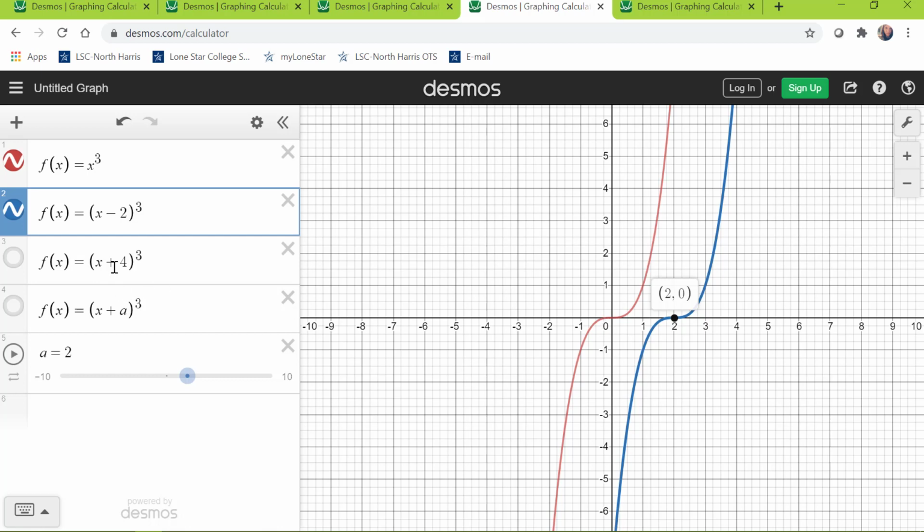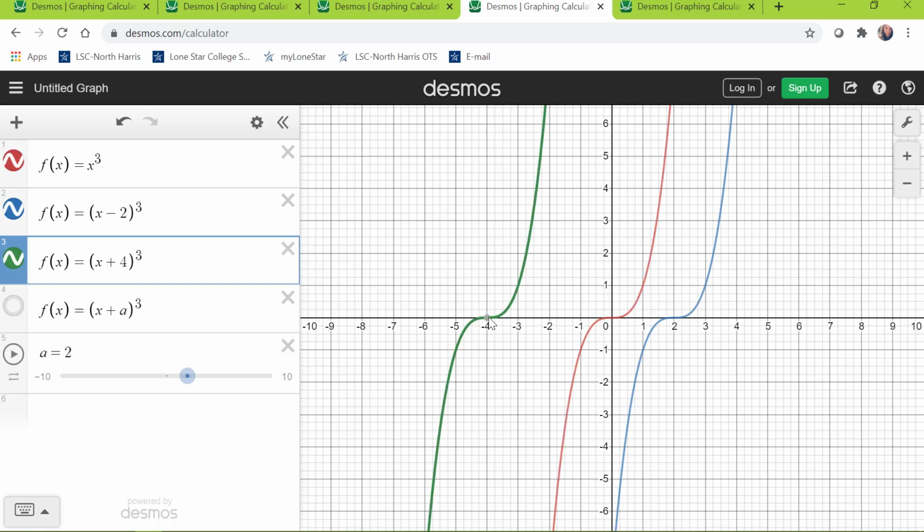Okay. What about x plus 4 inside of the parentheses and then cubed? So can you guess where that shifted origin point is going to be? Okay, so it starts here at 0, 0. We moved the graph to the left 1, 2, 3, 4 units. So we're going to plot that point there. This should be -4, 0.